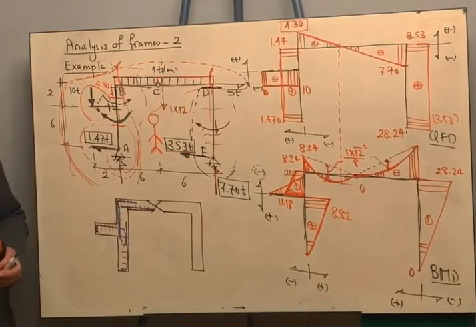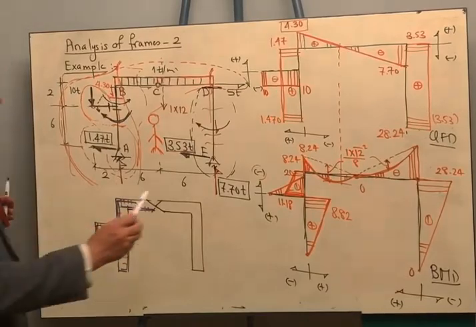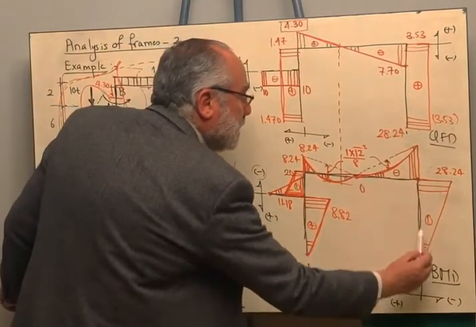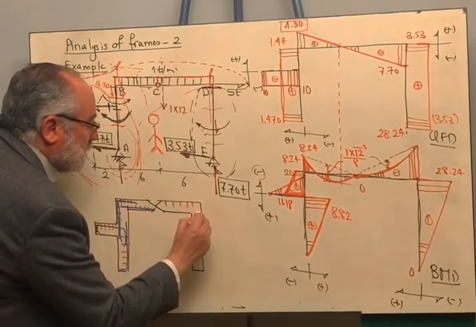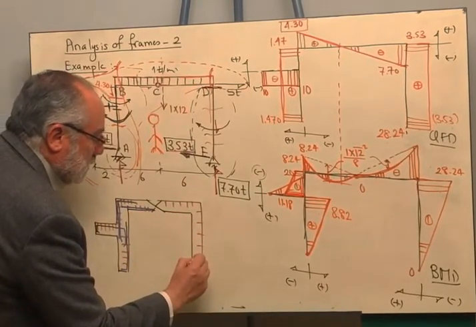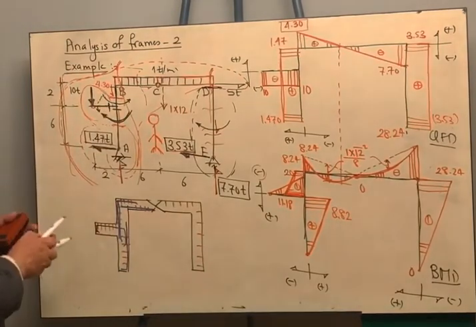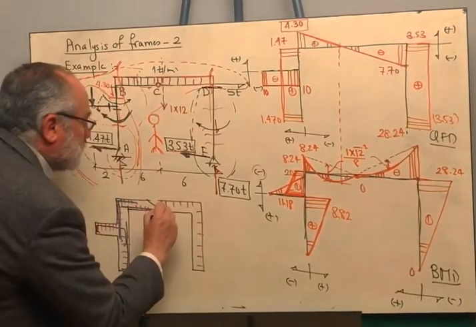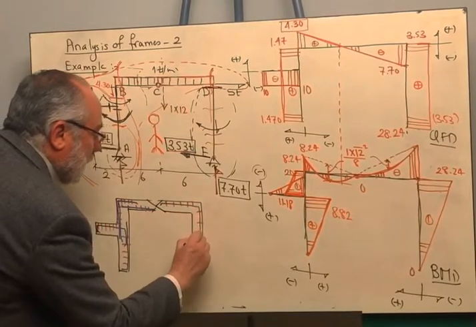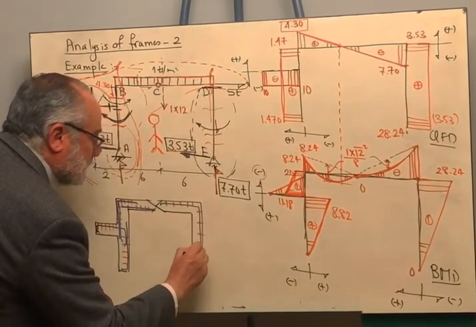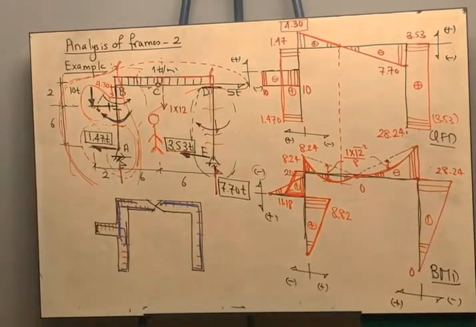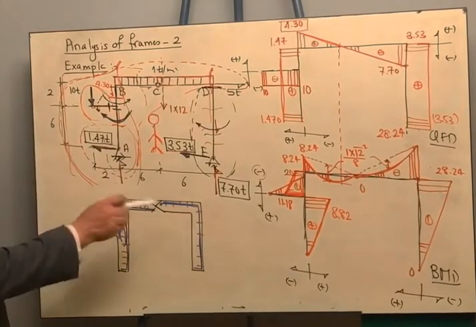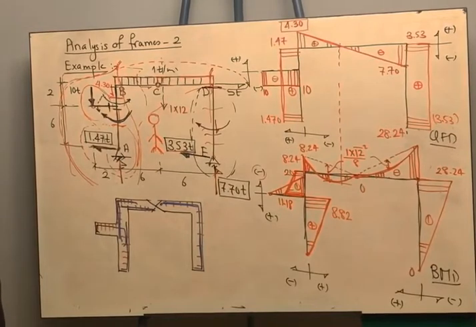In the other portion, all of the moment here is negative. It means that the cracks are at the outer face or the far face. So this means that the reinforcement should be located this way at the outer fibers to close the cracks. It is very important to draw the bending moment correctly so that we can know the distribution of reinforcement in this frame if it is made of reinforced concrete.